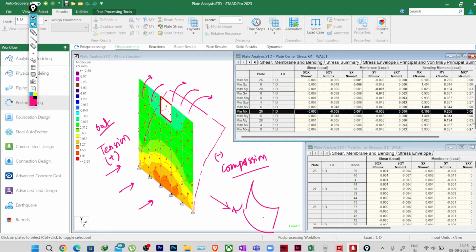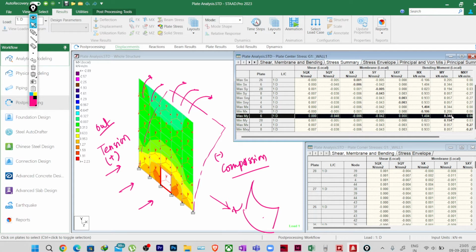So if you see here, this 8.344 My, it is the moment that we are getting at this bottom face. Now how do you understand whether it is the outer face or inner face?